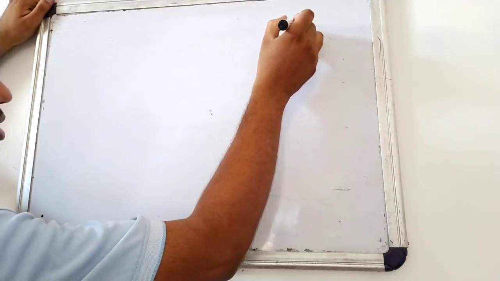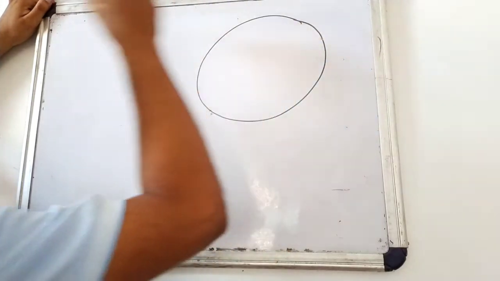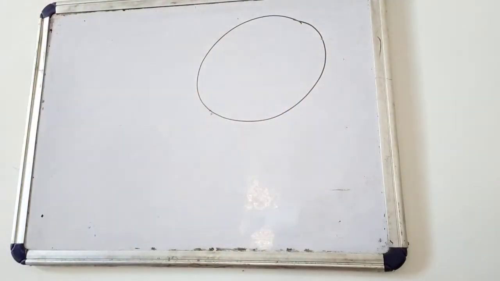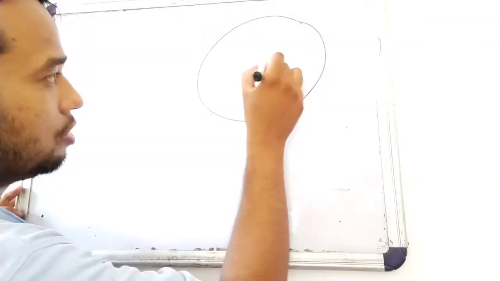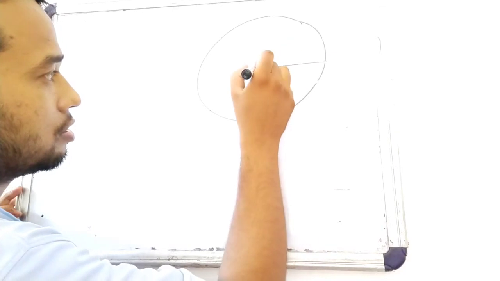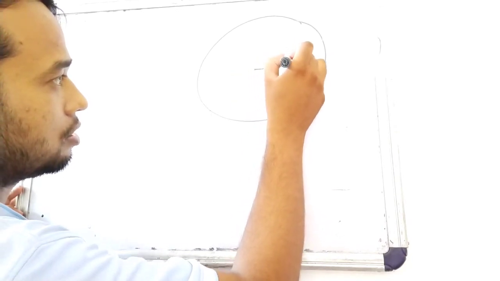Suppose a rider is riding his bike in a circular path which has a radius of 5 kilometers.